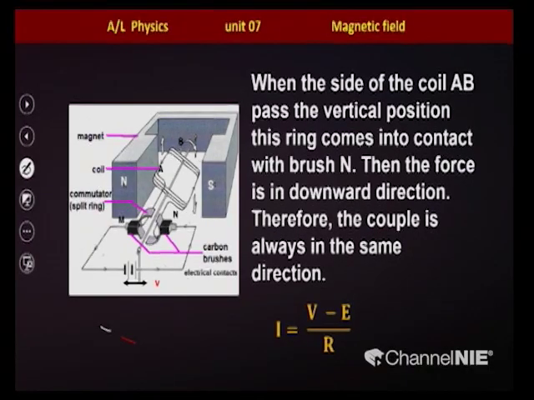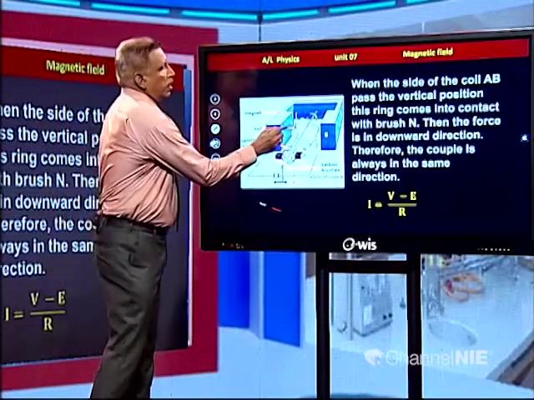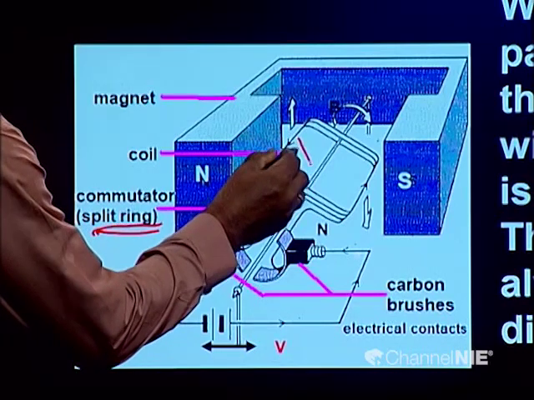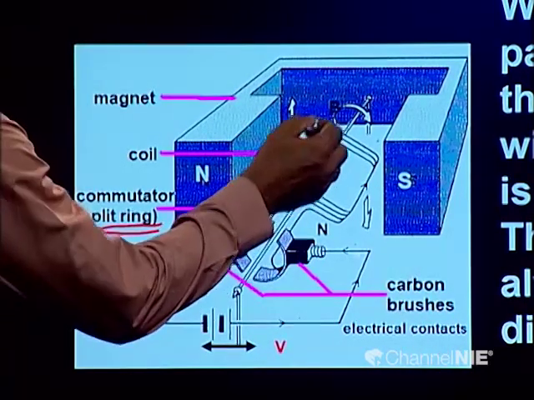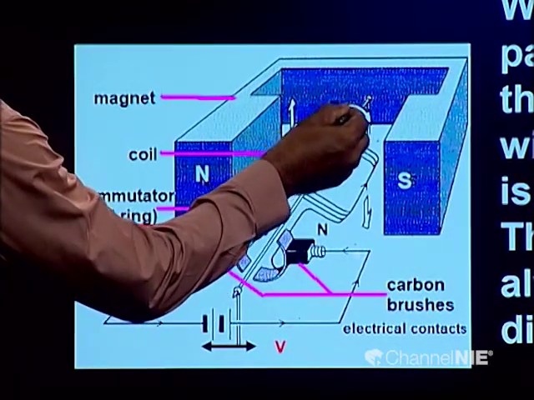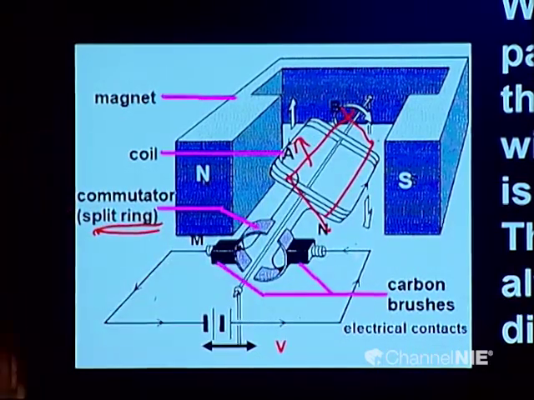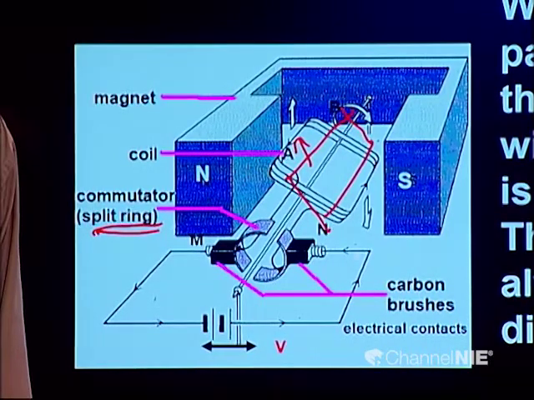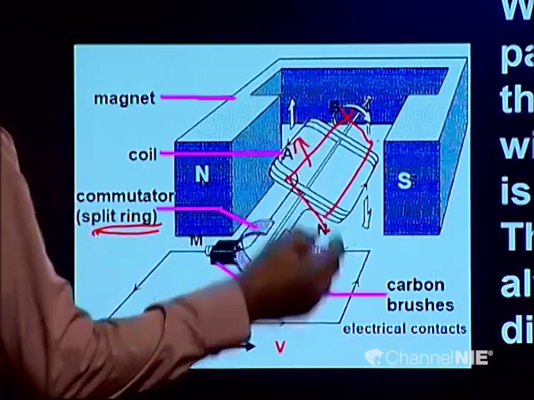Now you see that the commutator ring is most important. When the coil side AB passes through the vertical position, after passing this vertical position, there is a problem.